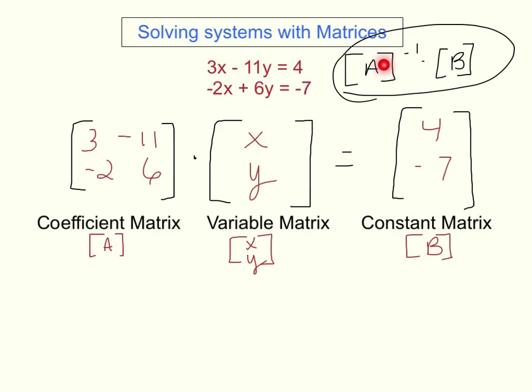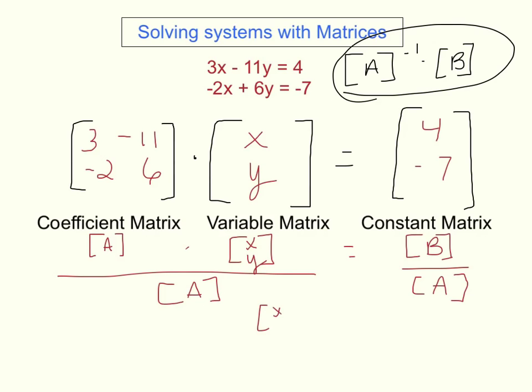So doing the math, if you have matrix A times variable matrix equals matrix B, but we can only plug these into the calculator because we want to solve for this, right? This times this equals this. So we need to divide by coefficient matrix, right? Just doing regular algebra.